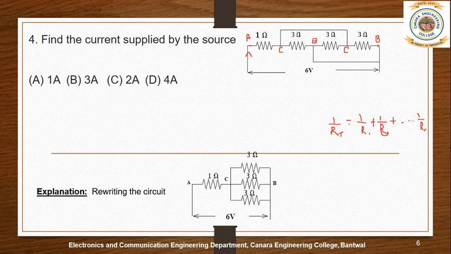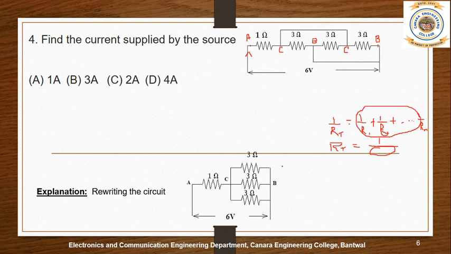This is the general formula. When it is only two resistors, 1 by R1 plus 1 by R2 is R1 plus R2 by R1 R2, and RT becomes the inverse. So 1 by RT is equal to this, and RT, the equivalent resistance, is 1 upon this.